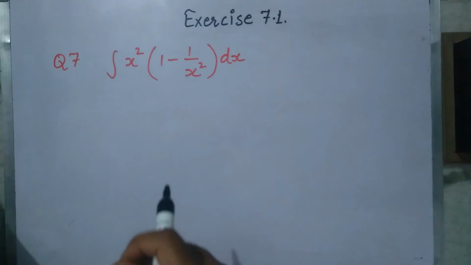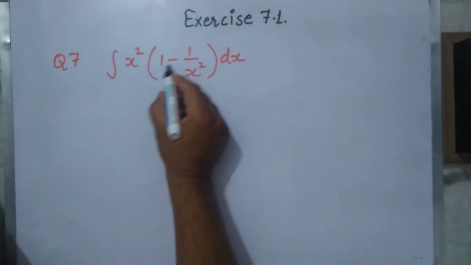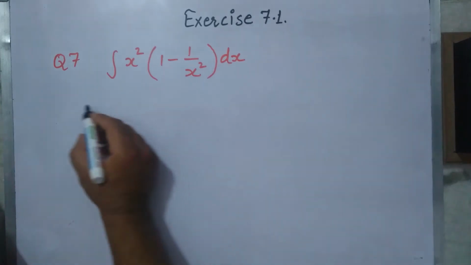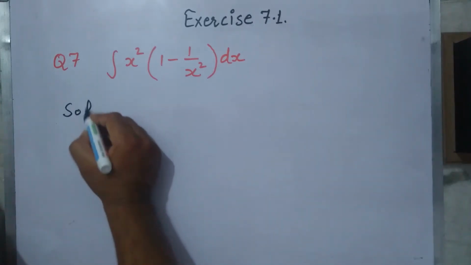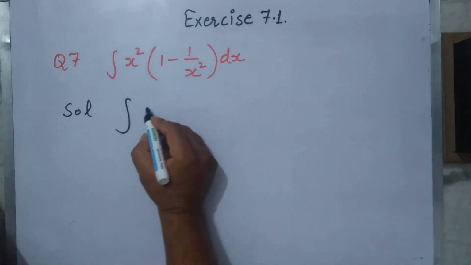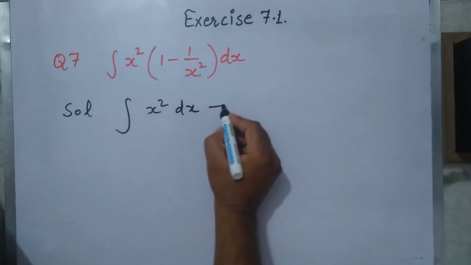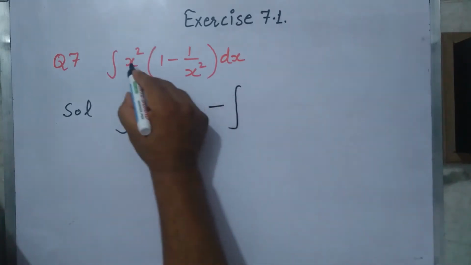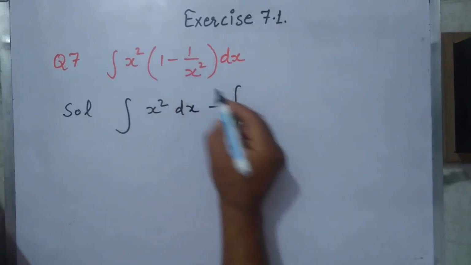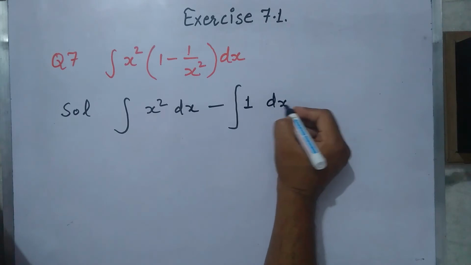Next question number 7, integration x square into 1 minus 1 upon x square dx. So here this is integration x square into 1 dx minus integration x square into 1 upon x square, this is 1, dx.